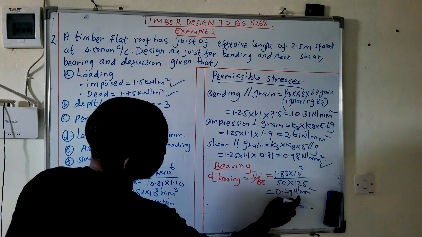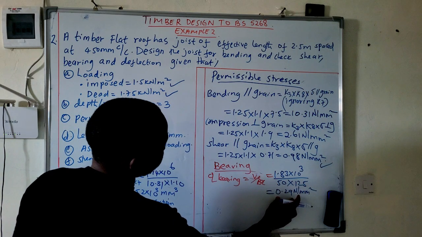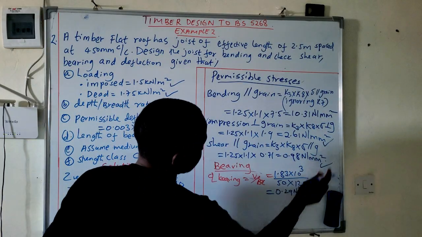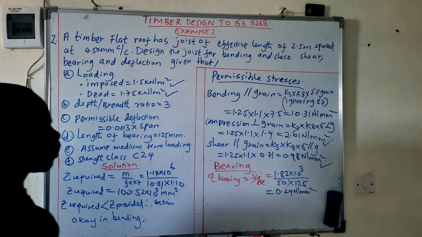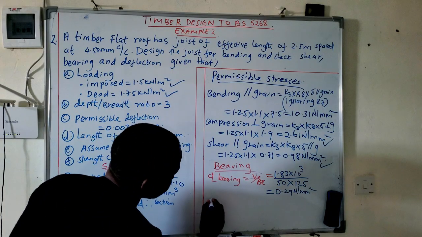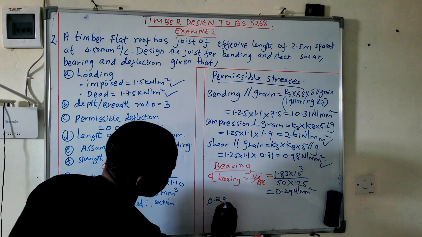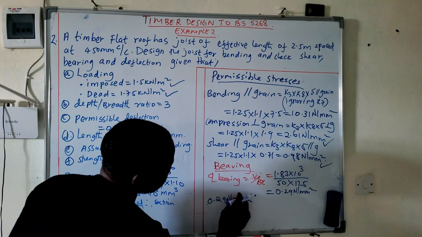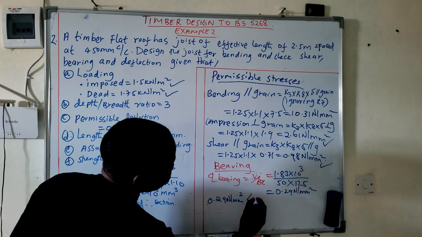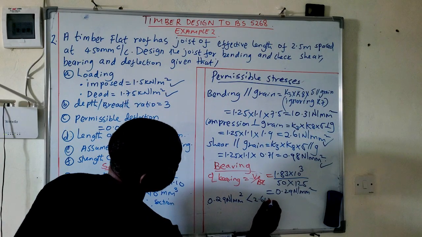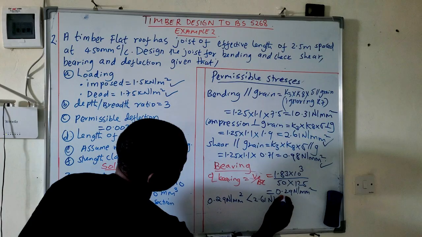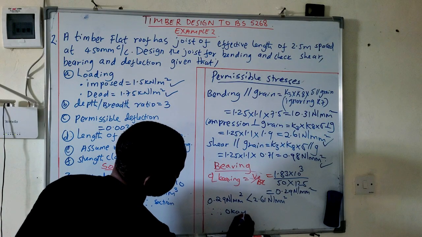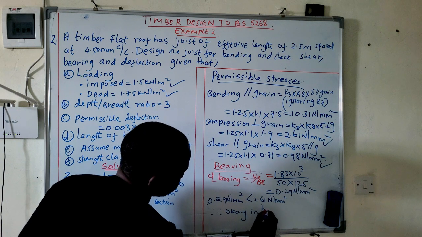As you can see, if you compare this bearing with the permissible bearing, this one is lower than this. So it means section is okay. So 0.29 Newton per millimeter square is less than 2.61 Newton per millimeter square. Therefore, okay in bearing.